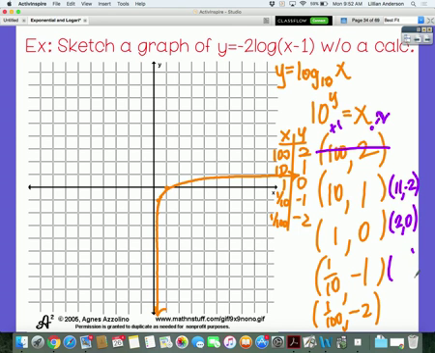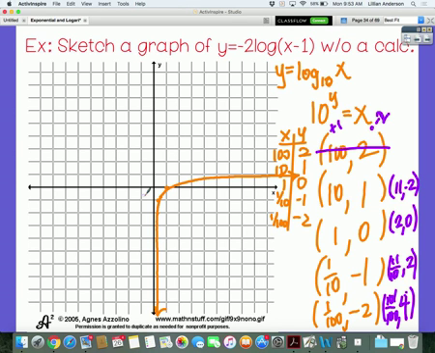What about this one? 11 over 10, and then positive 2, and then this is going to be really small, but what's the y value? It's going to be positive 4. This is going to be 101 over 100, so it's going to be past 1. That's the main thing, it's going to be past 1.